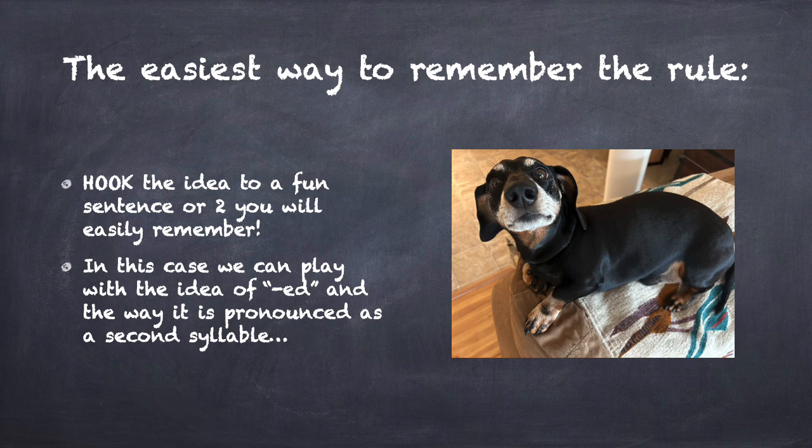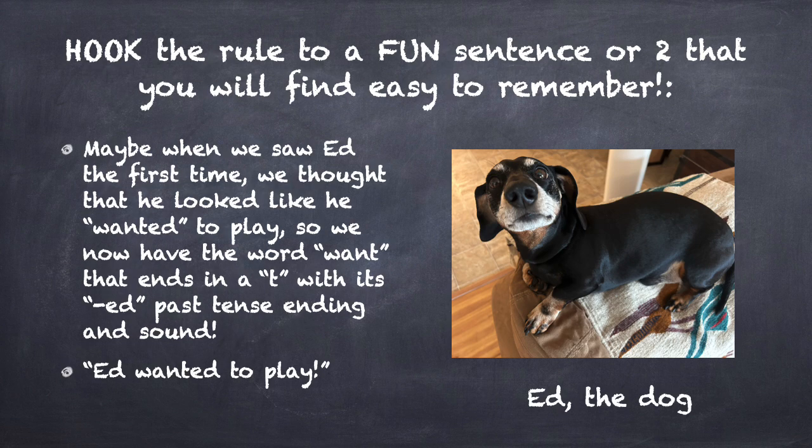So in this case, we can play with the idea of the ed ending and the way it is pronounced as a second syllable. So remember that when we pronounce the ed ending as a separate syllable, it sounds like Ed. And Ed is actually a very common name for a man or a boy in the English language.